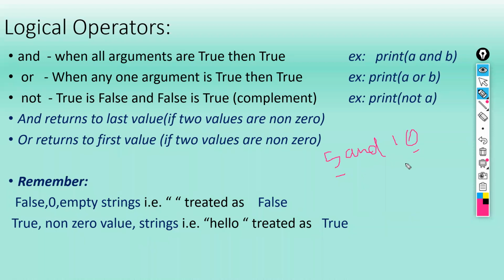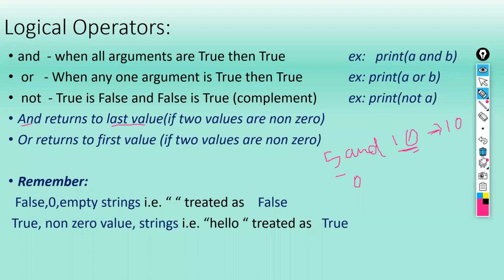What is the value it should give? True. Yes, here in numbers it gives values. See here, AND returns the last value. What is the last value? This is the 10. And if I take 0 and 10, of course, it gives 0.